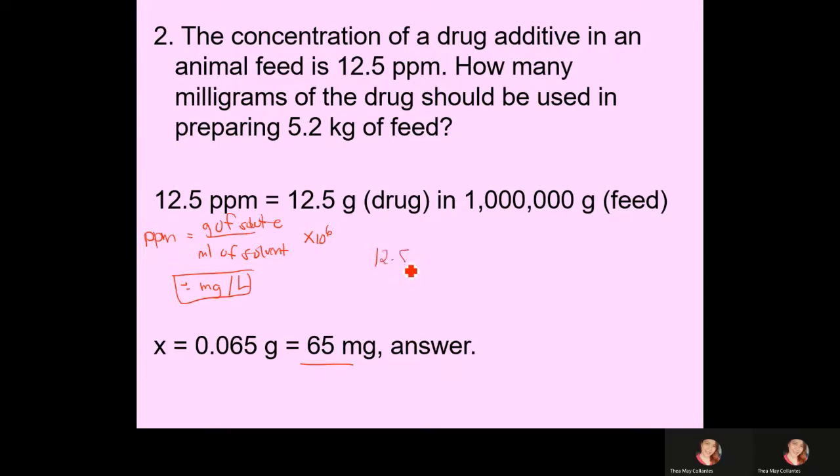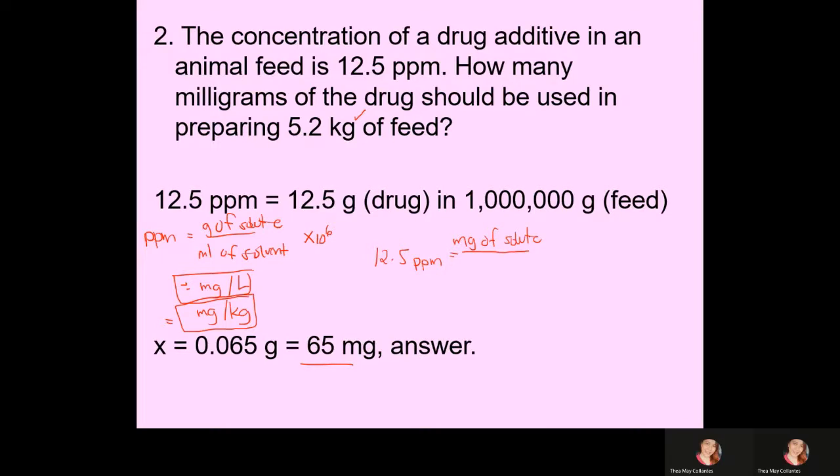So 12.5 ppm, because we were given already the ppm. And what we are being asked is the grams of my solute. Okay? So, milligram of your solute, since we are using milligram per liter. So, if not milligram per liter, we could use also milligram per kilogram. So, since the solvent is already in kilogram, what I should just do is to directly multiply both.